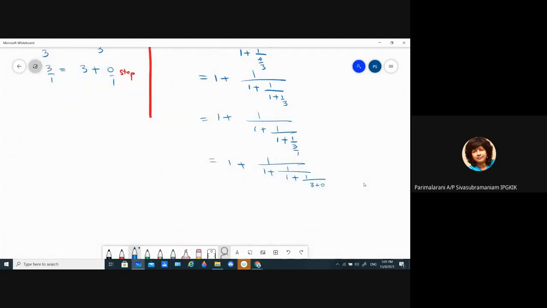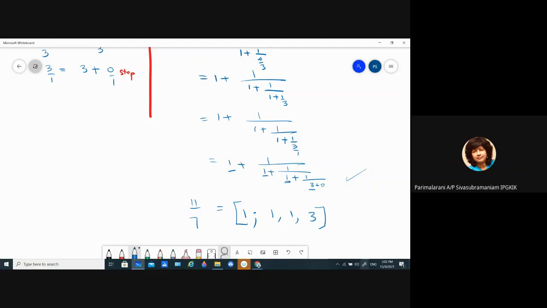So this is also equivalent to the whole number 1, and we have 1 here, 1 here, 3 here. 1 comma 1 comma 3. Okay, so 11 over 7 is also equal to this. So you can write it in this form or you can leave it in this form. The best thing is always you finish your continued fraction and then write it in this form.